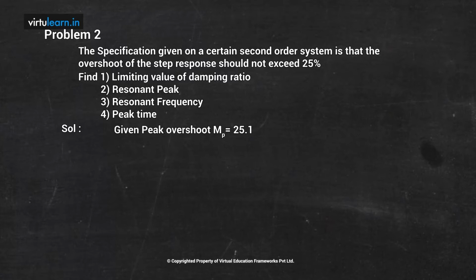Now, the given overshoot is 25%. We know the formula for overshoot. So percentage Mp is e power minus pi zeta divided by square root of 1 minus zeta square into 100. You can substitute here 25% is equal to e power minus pi zeta by square root of 1 minus zeta square into 100. So that gives 0.25 is equal to the e power term.